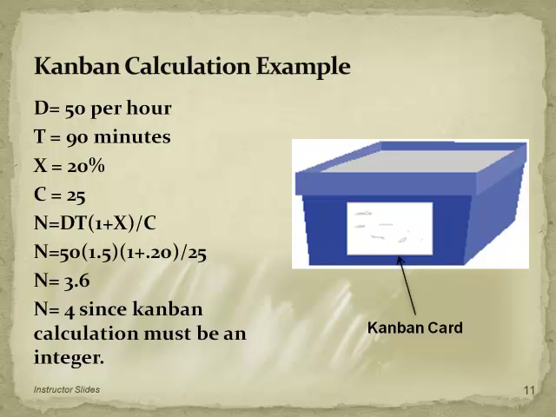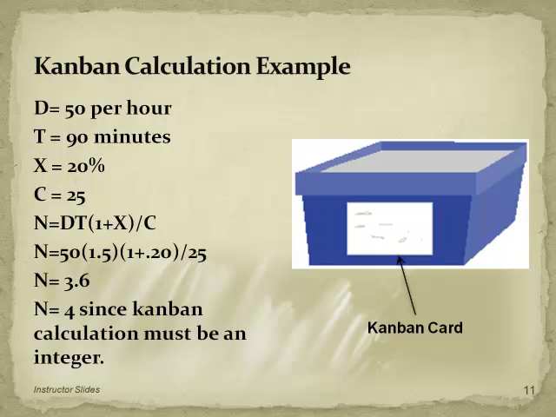So plug those variables into the formula. N is equal to D times T times (1 plus X), and then divide all of that by C. D is 50 per hour. In this case, the replenishment time and the demand need to be in the same unit of measure.